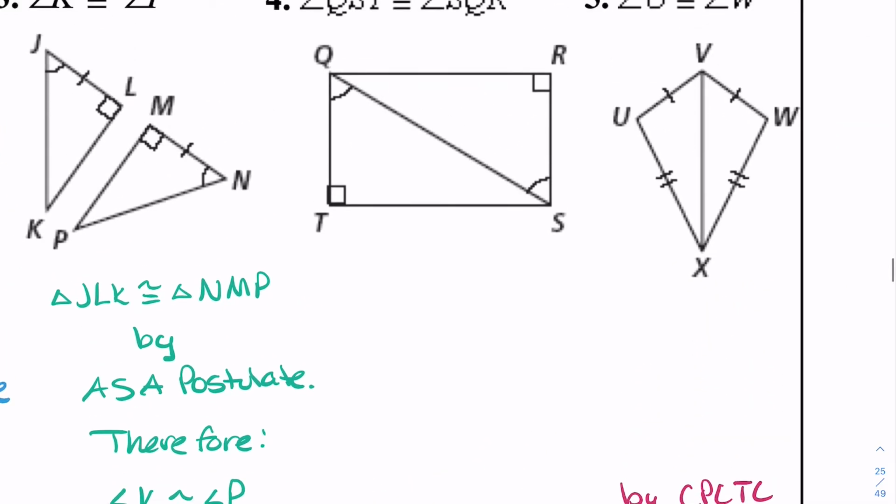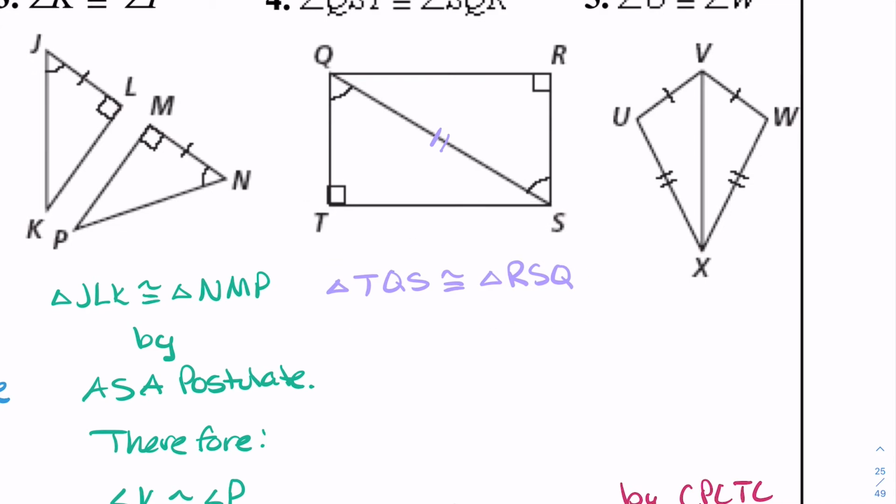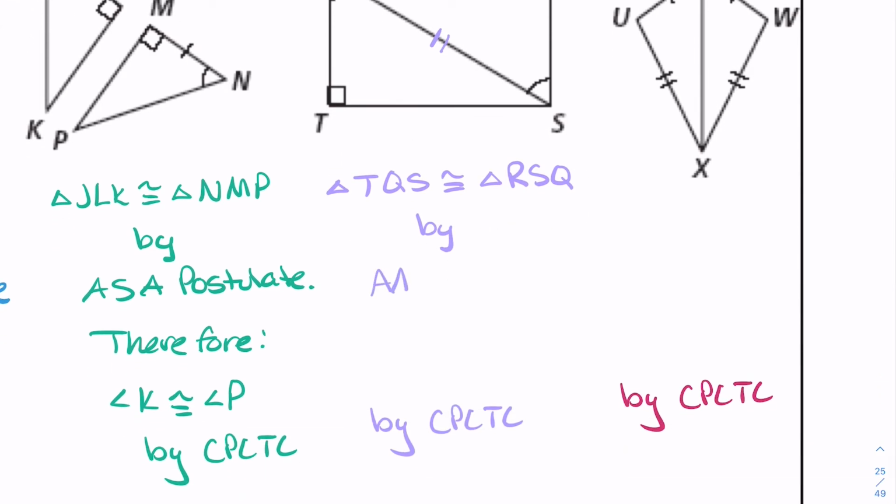Okay. So triangle TQS is congruent to triangle RSQ by the angle side theorem.